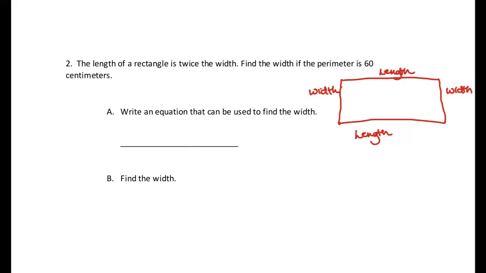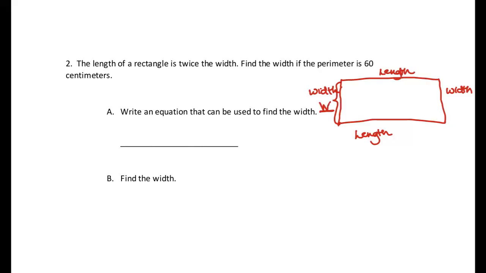How long do we want to say this width is? Do we know how much it is actually? No. So we might use a variable to represent that. Should we use W? W for width.